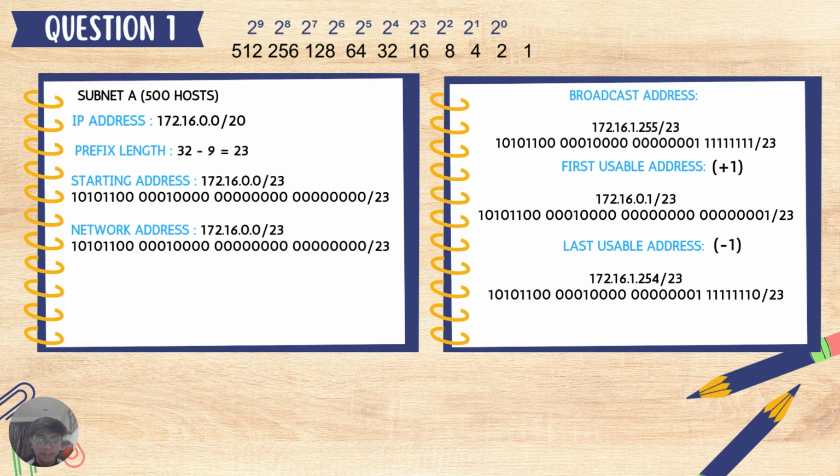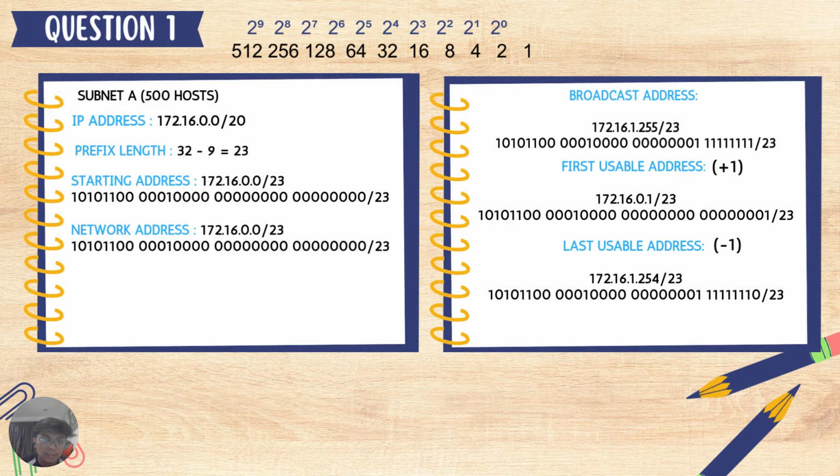Right now I'm going to explain how to find the prefix length. As we know, we have 32 bits. Subnet A has 500 hosts. The closest number to 500 hosts is 512, which is 2 to the power of 9.